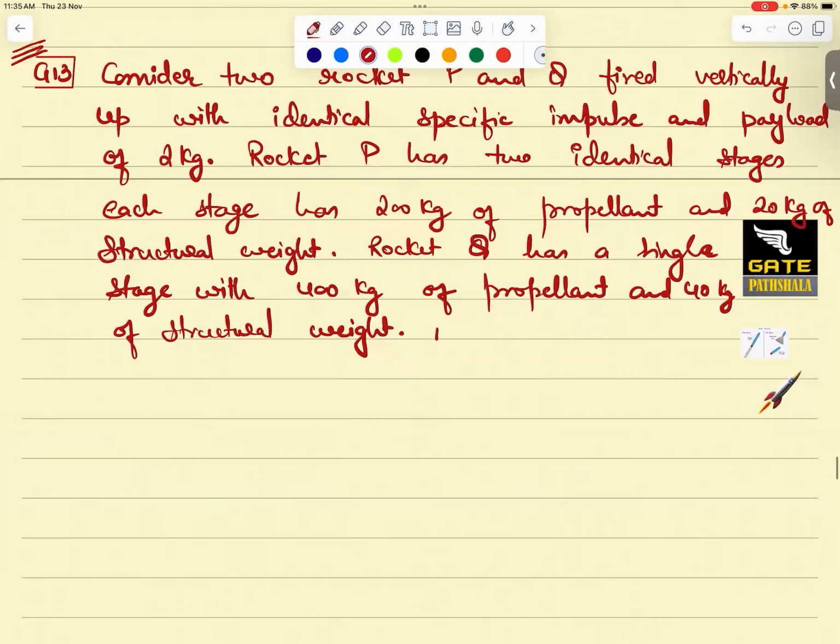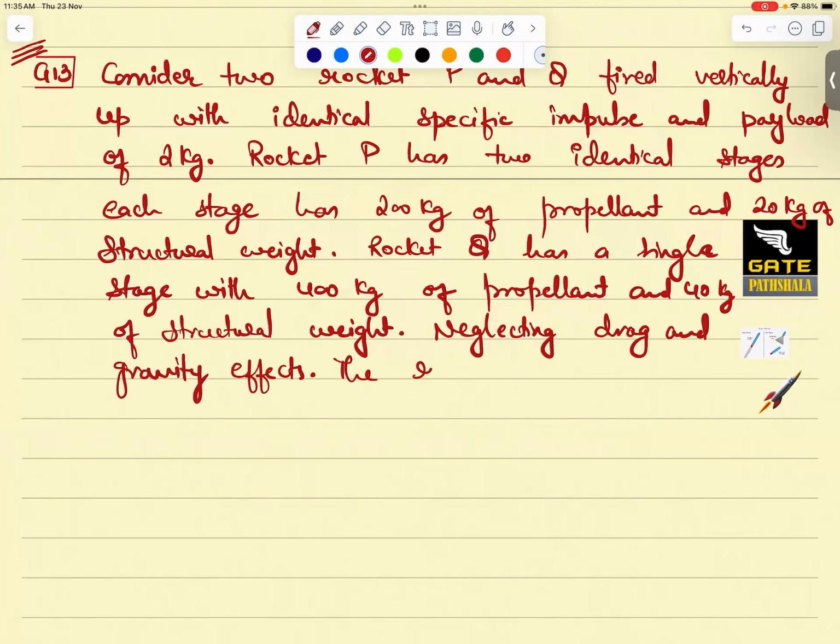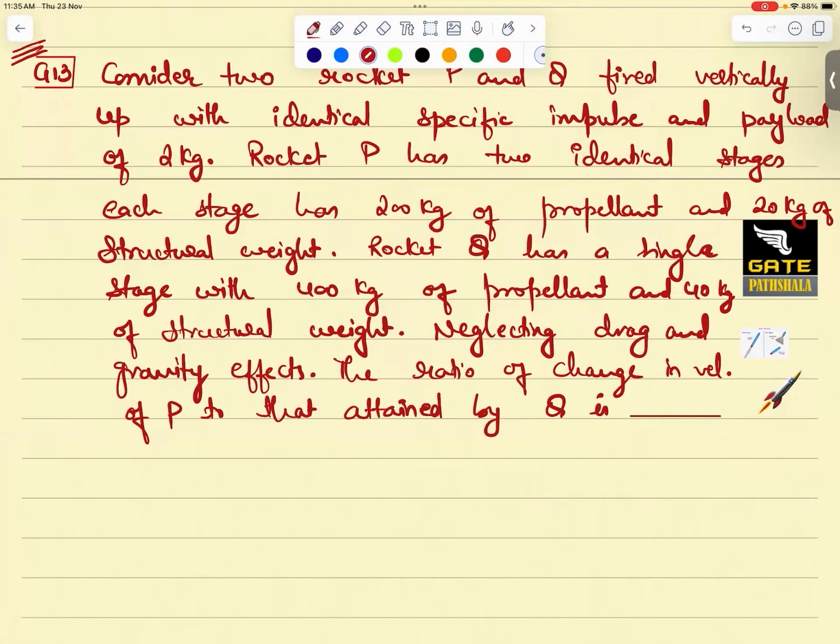Neglecting drag and gravity, the ratio of change in velocity of P to that attained by Q is, leave a blank.